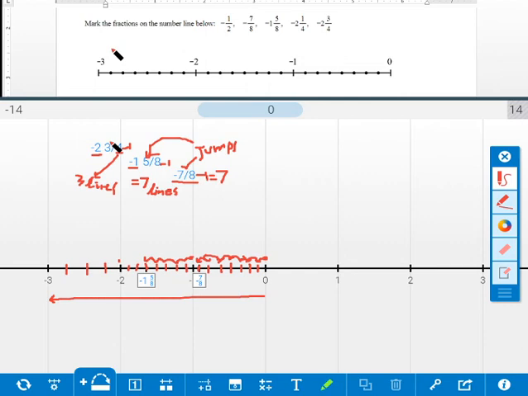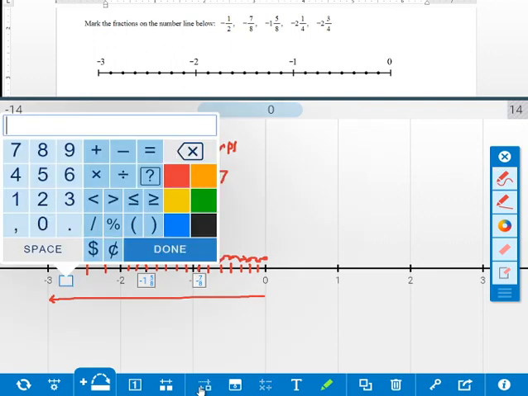The numerator shows the number of jumps, so we will make 3 jumps: first jump, second jump and third jump. So this is our last position, which is actually minus 2 whole 3 by 4.